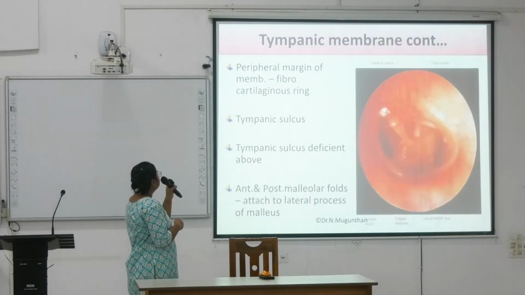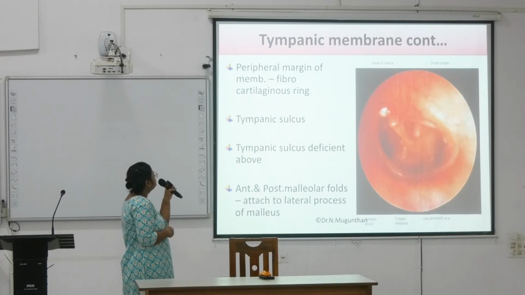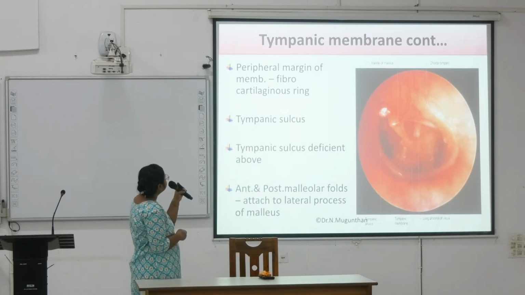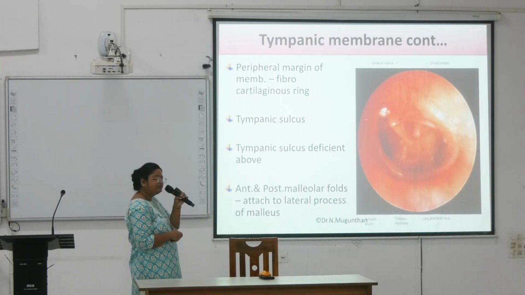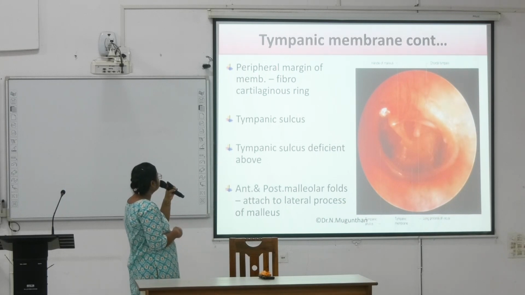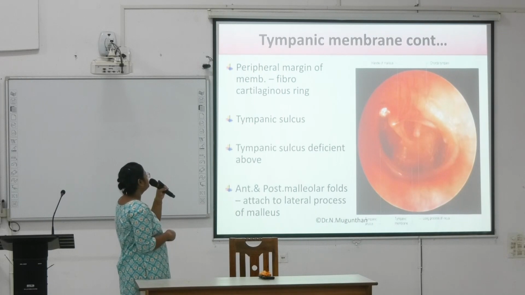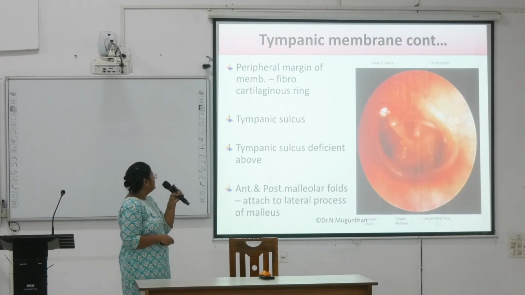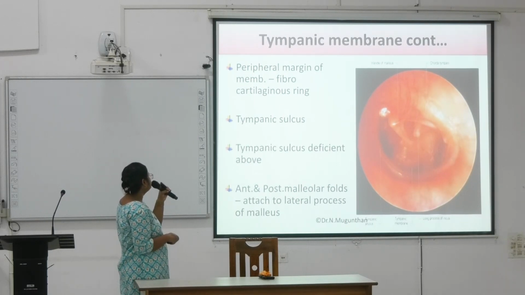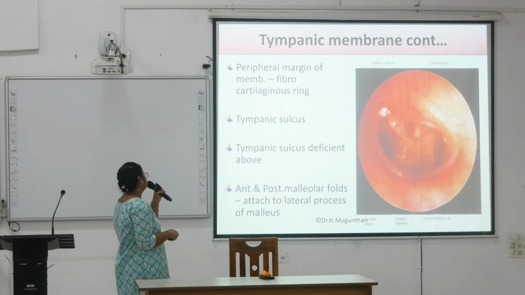Next, at the peripheral margin of the membrane, there is a fibrocartilaginous ring. Okay, and this ring is attached to the tympanic sulcus within the temporal bone. And the tympanic sulcus is deficient above.